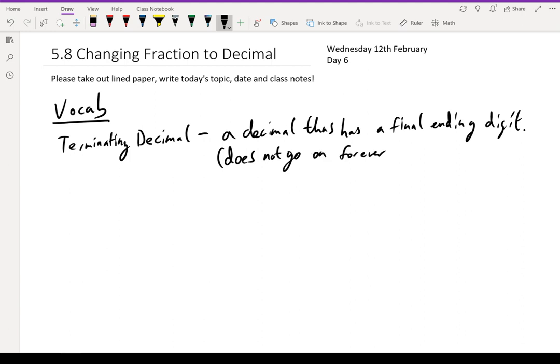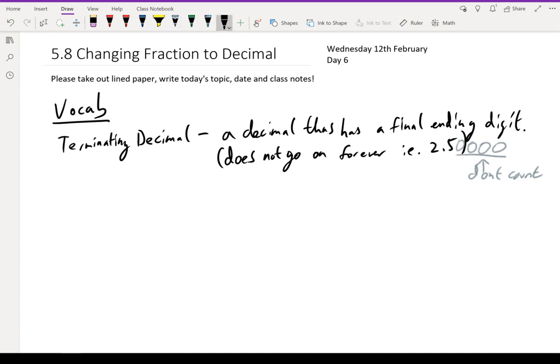So for example, if I have 2.5, that's it. 2.5, there's nothing afterwards. I can say that there are invisible zeros right there, but these don't count. So, it has an ending, doesn't go on forever. That's terminating decimal.